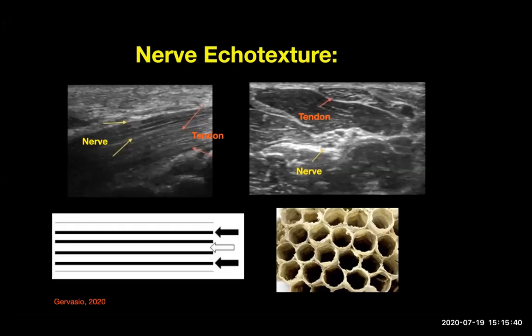So if you look at the nerve tissue, you don't see a lot of changes really. But if you look at the tendon, when they are perpendicular to the probe, they look very echogenic. But if they are not, then they become anisotropic. So it becomes black. So those are clues that can guide you as you scan the nerve.